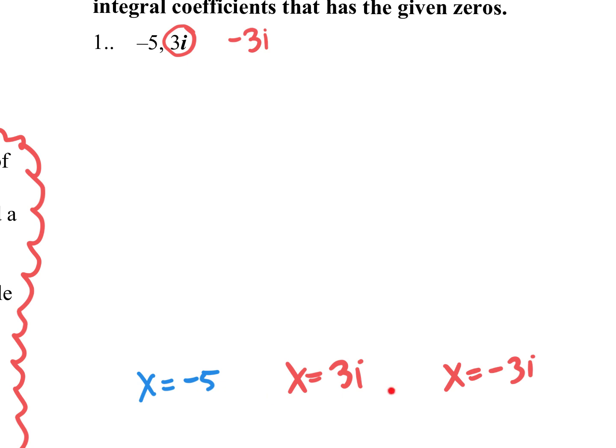And why am I putting them down here? Because I'm going to show all my work backwards, okay? See, they want the third degree polynomial equation that gave us these 3 answers. So where did this answer come from? Pretty simple. Where did the x equals negative 5 come from?